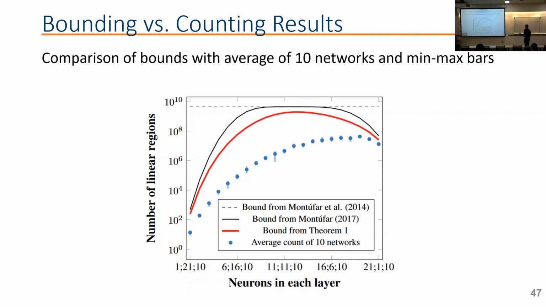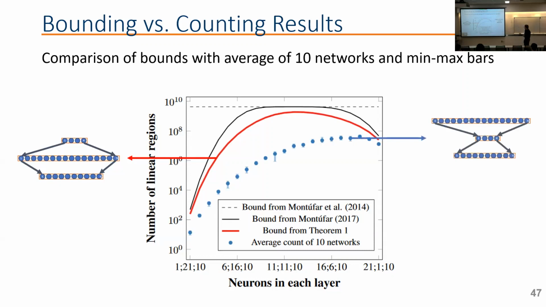But what was interesting, and this is where we go back to those configurations I mentioned before, is that if we're talking about the configuration 4, 18, 10, that is the upper bound. If we talk about the configuration 18, 4, 10, this is what we observe in practice, way more linear regions. And the reason for that, as we have been walking through in these previous slides, is because of the geometry.